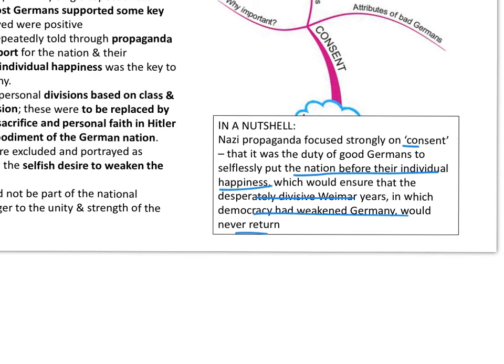And that argument, that your support, your selflessness will create unity, which will create national strength, was a very, very persuasive argument, and it brought buy-in, and that's what we've got to look at.